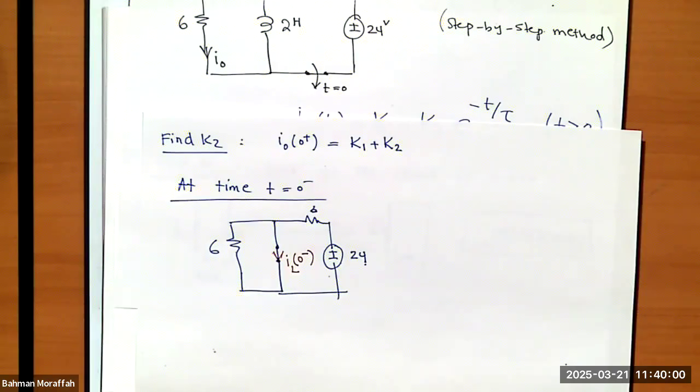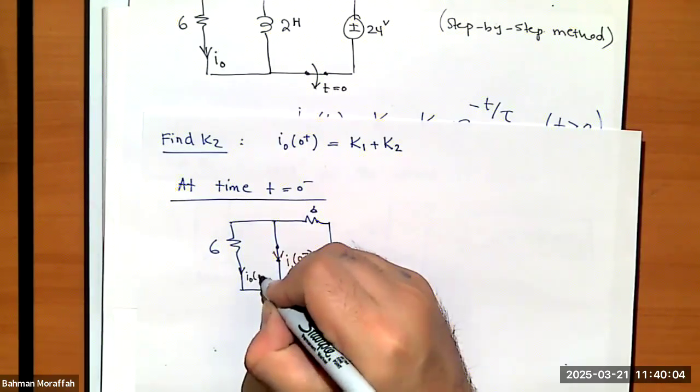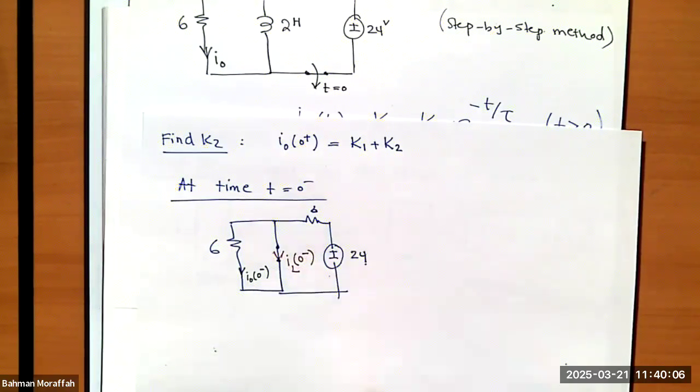Do you agree this is I naught at time 0 negative? Do we even care about this I naught at time 0 negative? We don't, because we don't know if I naught at time 0 negative is the same as I naught at time 0 positive. But just for the sake of conversation, let's find it over here.